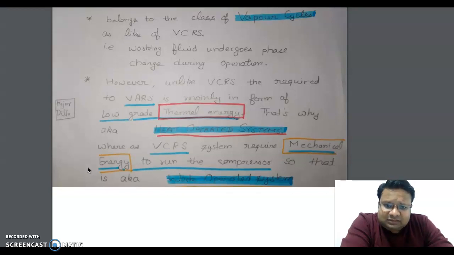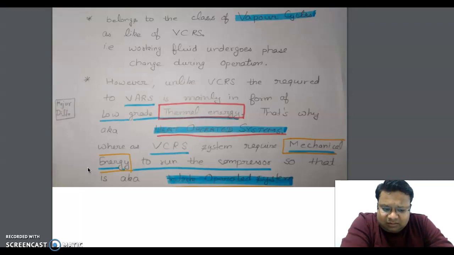We have seen in the vapor compression refrigeration system, after the evaporator, the saturated vapor enters a compressor where it is compressed to the condenser pressure. That compressor is a mechanical device, and it requires mechanical energy to run itself. So the mechanical energy is some sort of high grade energy.